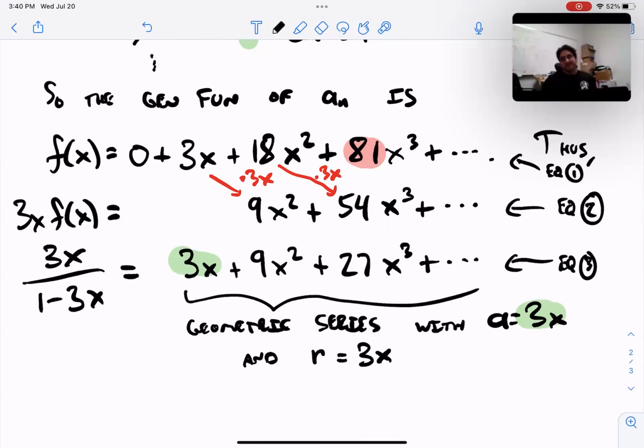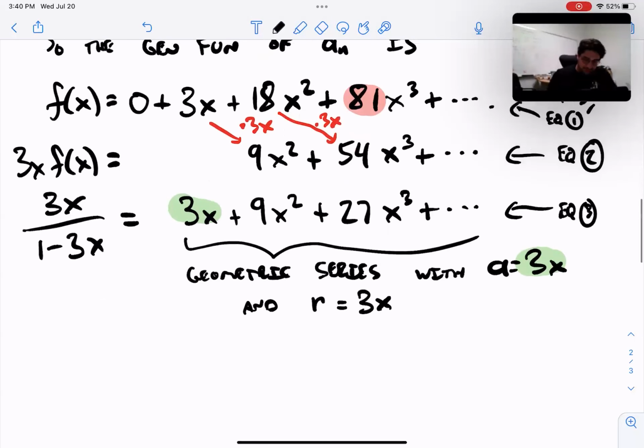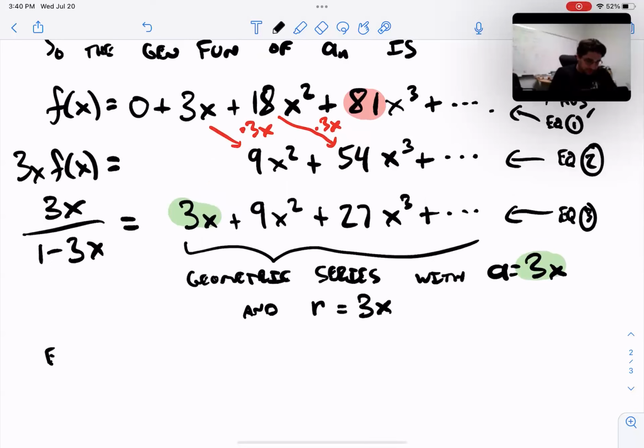We built them that way, very intentionally, by looking at how these terms were being generated in the recursion, in the sequence, and then doing algebra to make our generating functions reflect that recursion and how those coefficients were built in the first place. So you look term by term, and you see equation 2 plus equation 3 actually produces equation 1.